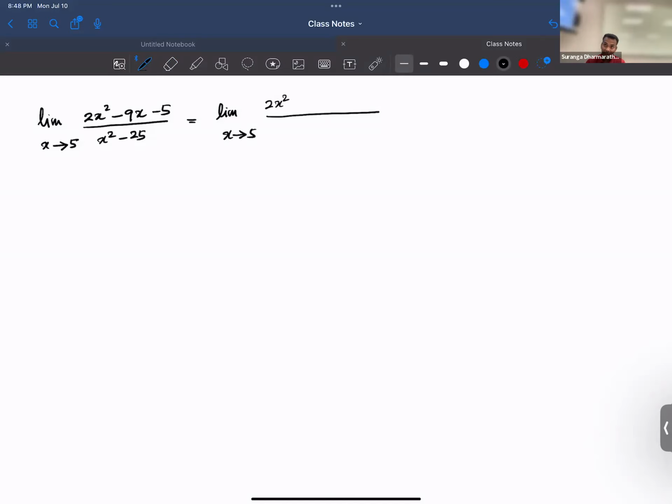If I multiply 2 and 5, I get 10. So if I factor the 10 so that I get negative 9, I write negative 10x plus x, so I make 9x at the middle, minus 5.